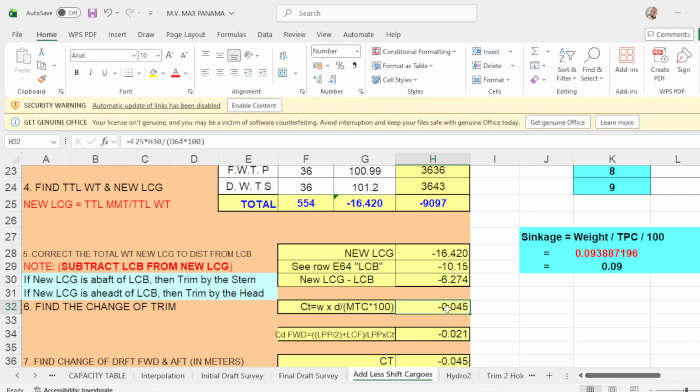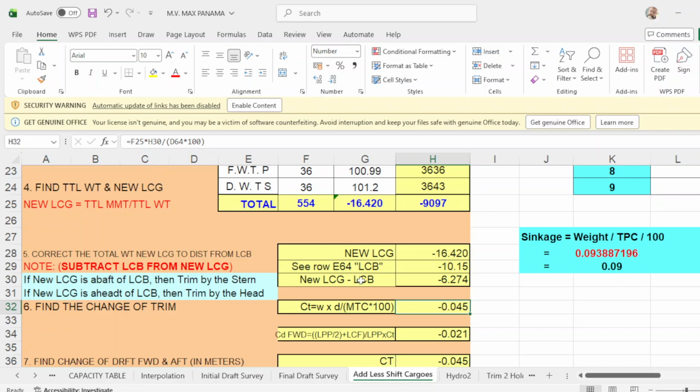So you click this one. This is the formula, guys. F25, that is your weight, times your distance. This will be your distance, guys, H31.